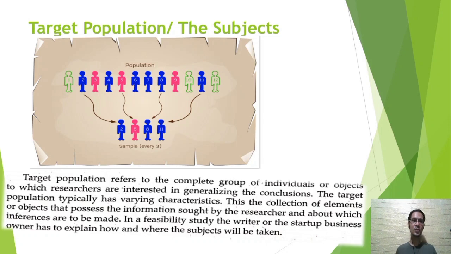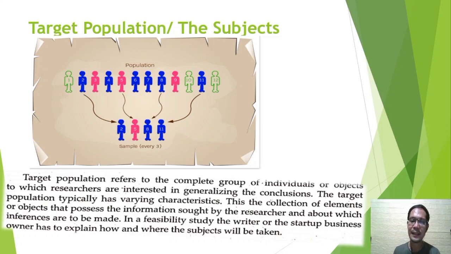So let's proceed now to the target population or the subjects. So what is this all about? A target population refers to the complete group of individuals or objects to which researchers are interested in generalizing the conclusions. So the target population typically has varying characteristics.